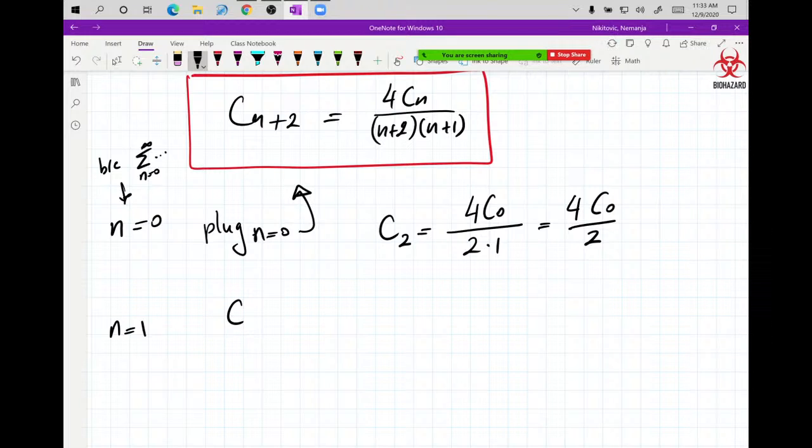So for n equals 1, I have C3, and the C3 is going to be 4C1 divided by, when I plug in 1, 3 times 2, because n plus 2 is 3.